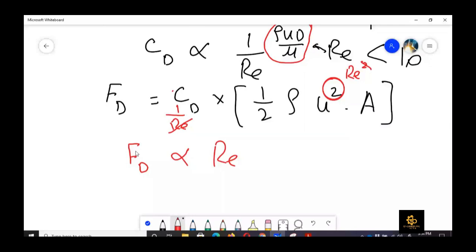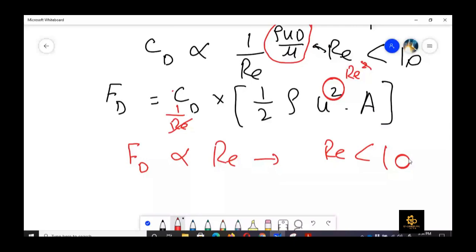Instead of CD we have put 1 upon Reynolds number, but because velocity square is proportional to Reynolds number square, the 1 upon Reynolds number would be cancelled, and the total drag force on the object would be directly, linearly proportional to Reynolds number when it is less than 10. Is that clear, Usama? And for that matter, everyone.